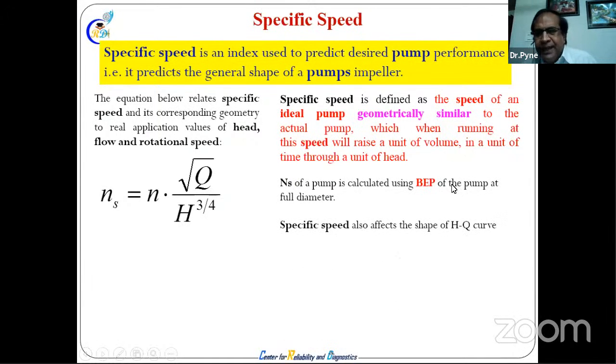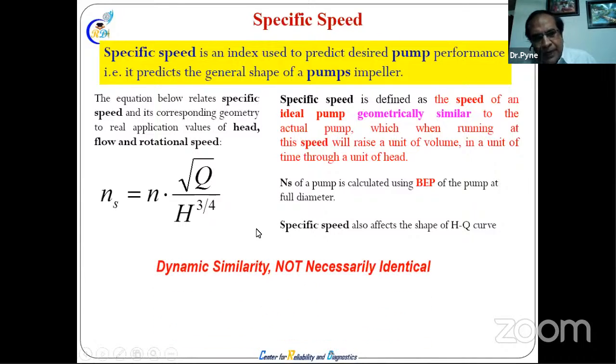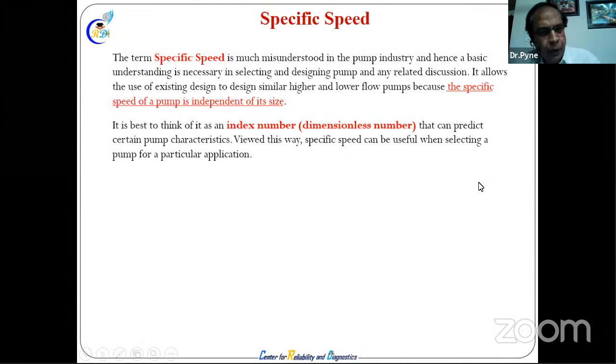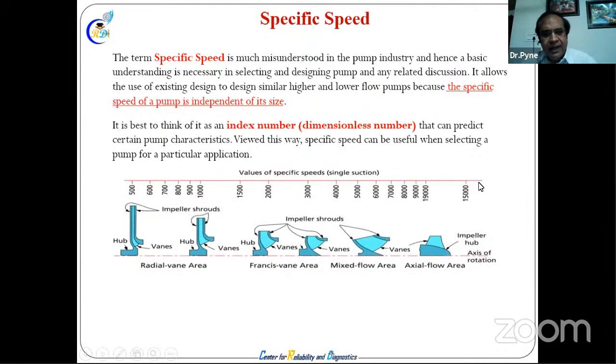Okay. In specific speed, we also affect the shape of the HQ curve. We have a separate performance curve study on specific speed. These are the dynamic elements, not necessarily identical. So specific speed, why do we want it? Because for different size pumps, how will you fix? If specific speed is 200, you will go around Francis.